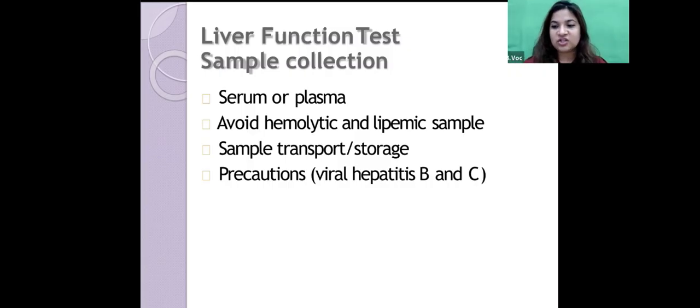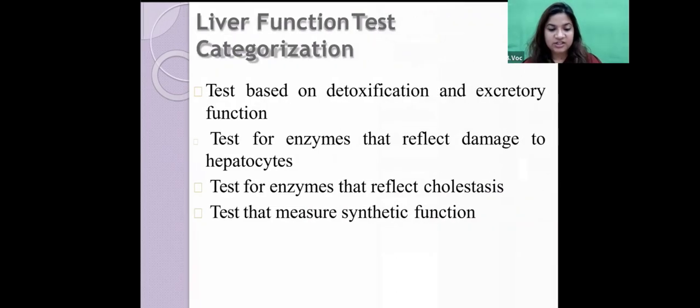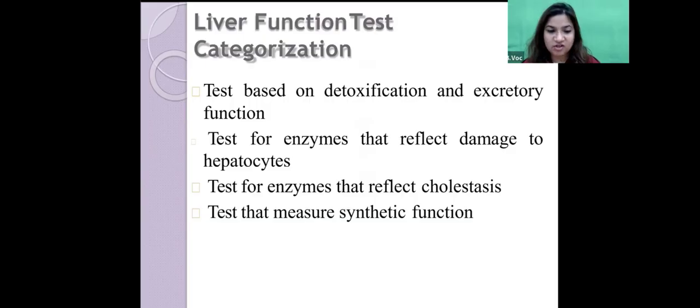Next, classification of the liver function tests is based on the detoxification and protective function of the liver. This includes, first of all, the conversion of ammonia to urea. To evaluate the conversion of ammonia to urea, estimation of blood urea in the laboratory is performed. Secondly, estimation of blood ammonia is performed.